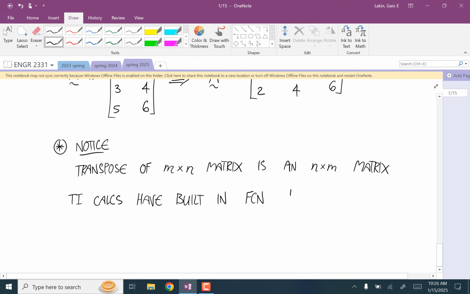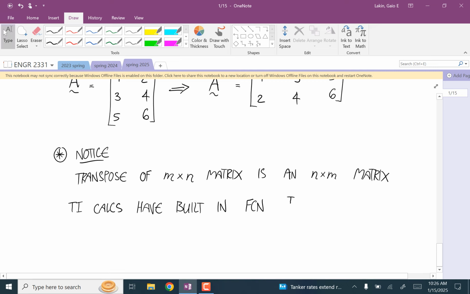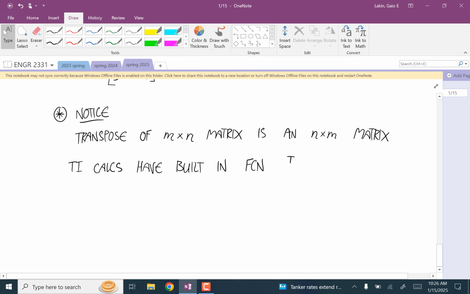And it's like an exponent capital T. And one thing, I'll say this now, I'll say it again later, but the inverse of a matrix is not the same as the transpose.